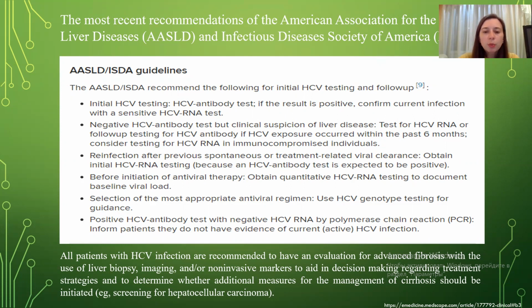For selection of the most appropriate antiviral regimen, use HCV genotype testing. Positive HCV antibody test with negative HCV RNA by polymerase chain reaction: inform patients they do not have evidence of current HCV infection.